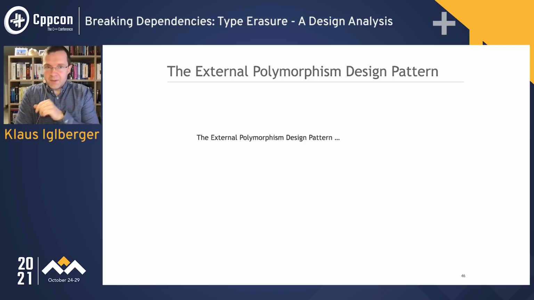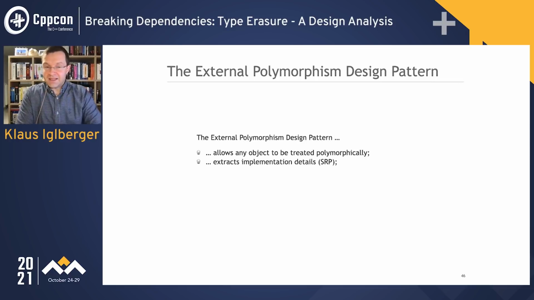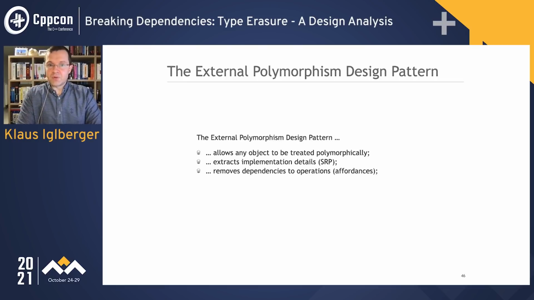This external polymorphism design pattern allows us to treat any object polymorphically. Not the object needs to have virtual functions. We can add them separately in that external hierarchy. It definitely helps us to extract implementation details, and it definitely removes dependencies to affordances. My choice of using free functions helps me to really reduce the dependencies on the given types.